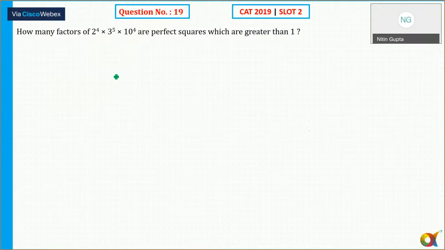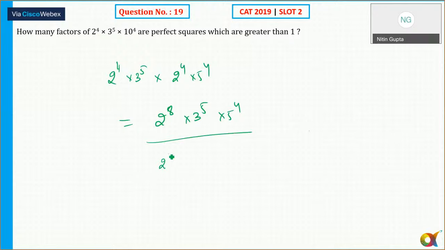It's not in factorized form. This is 2 to the power 8 into 3 to the power 4 into 5 to the power 4. So I need perfect squares: 2 to the power 0, 2, 4, 6, 8, that is 5 options. 3 to the power 0, 2, 4, and 5 to the power 0, 2, 4. So how many of them are perfect squares? I can see that is 5.